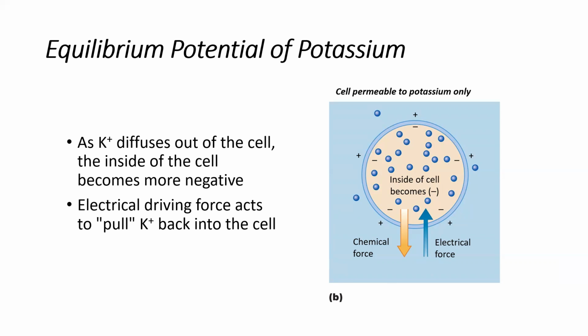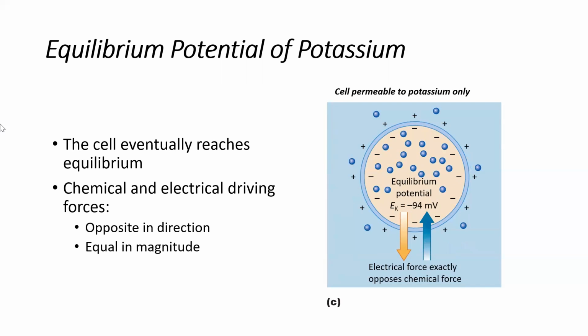When we have forces moving in opposite directions, we then need to think about the equilibrium potential for this ion and compare that to the membrane potential at this time, okay? So the cell eventually is going to reach its equilibrium potential, right? It's the equilibrium where there's no longer any movement, and that's going to be a membrane potential of -94, okay?